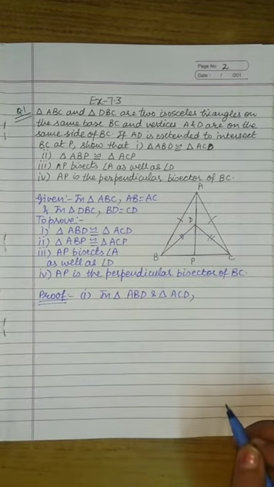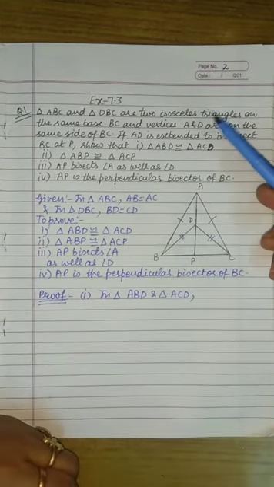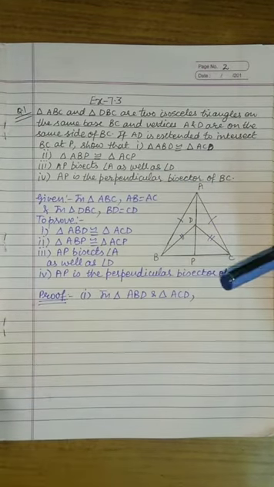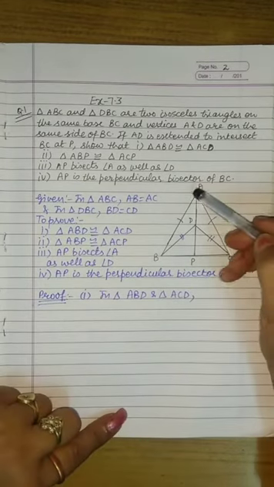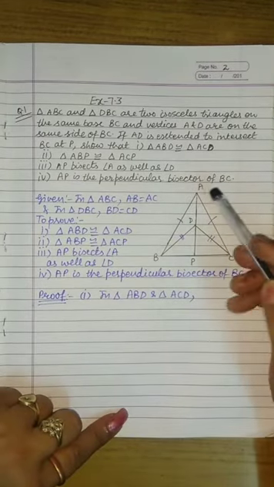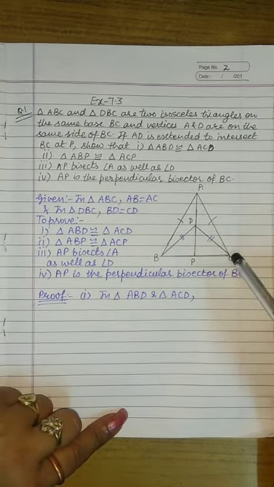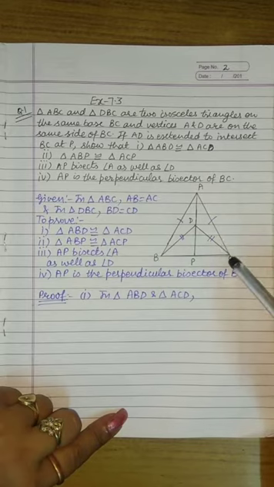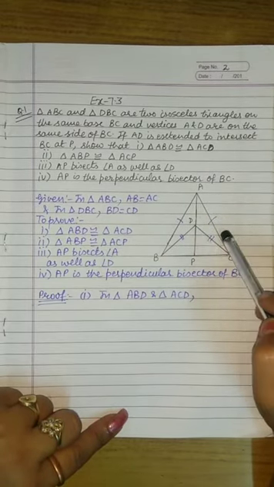Already two sides of these two triangles are given equal, as the triangles ABC and DBC are isosceles triangles. So therefore in triangles ABD and ACD, AB is equal to AC and BD is equal to CD, and AD is the third side, common to both the triangles.